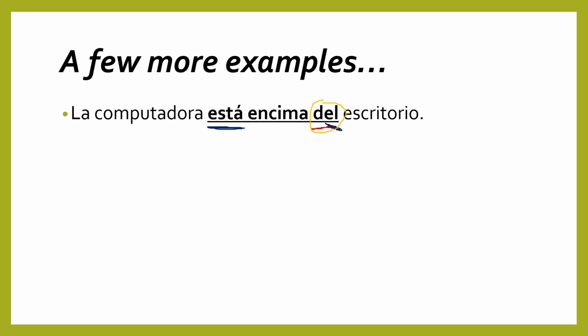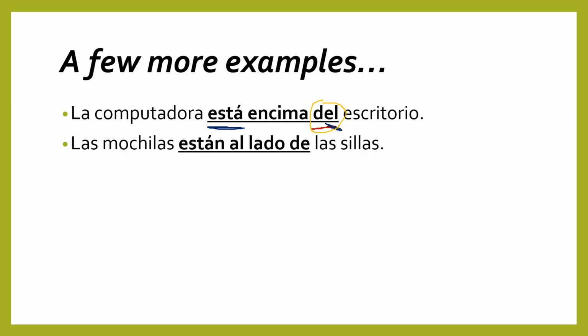Very important. And it only does that with the word el. As you'll see in the next two examples, you never do that with la or las or los. So this one, la computadora está encima del escritorio. You need to write it in Spanish. If you want to translate it, you can do that as well.